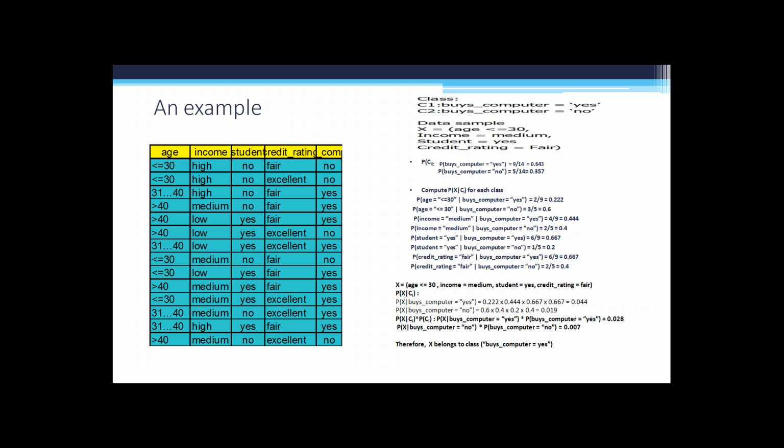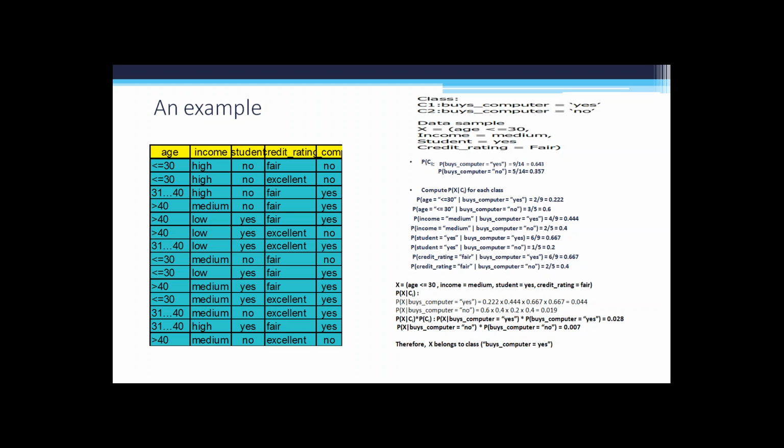So you have to say what is the conditional probability that, having observed that the computer is being bought, age is less than equal to 30. It is equal to 2 out of 9, because out of the 9 computers being bought, only 2 of them are less than 30.